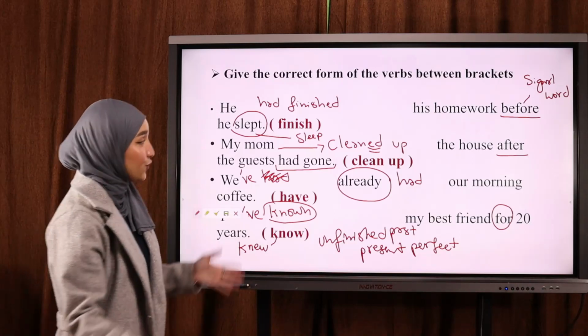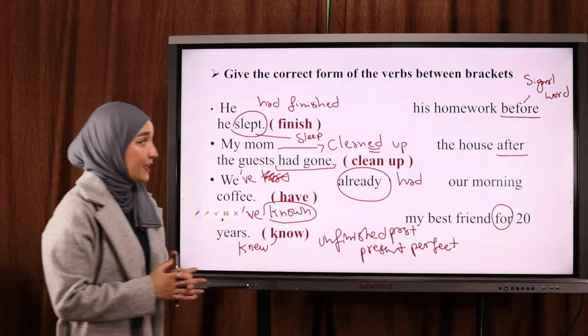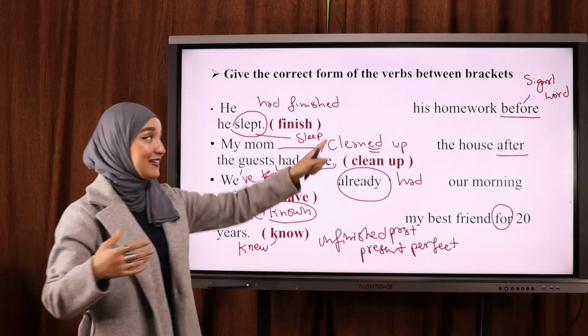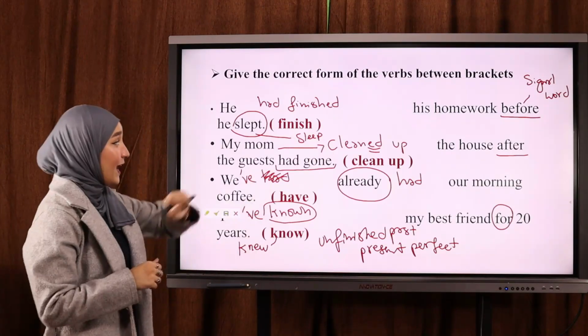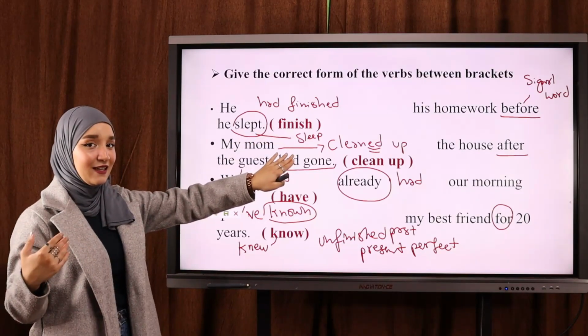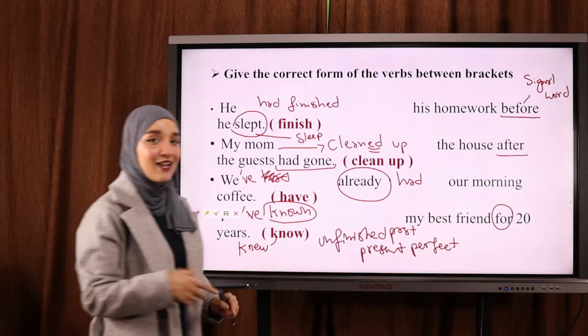Okay? So guys, just remember, this is the trick, okay? We always underline. دائما نسطر على الsignal words, الكلمات المساعدة, and we look for other verbs. نبحث عن دلائل, other hints, دلائل أخرى, okay?